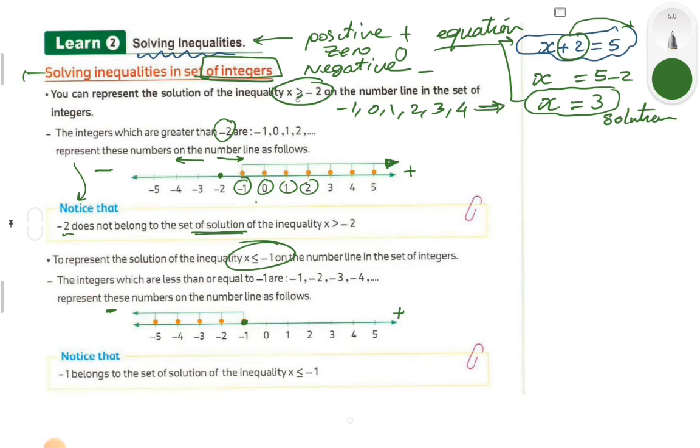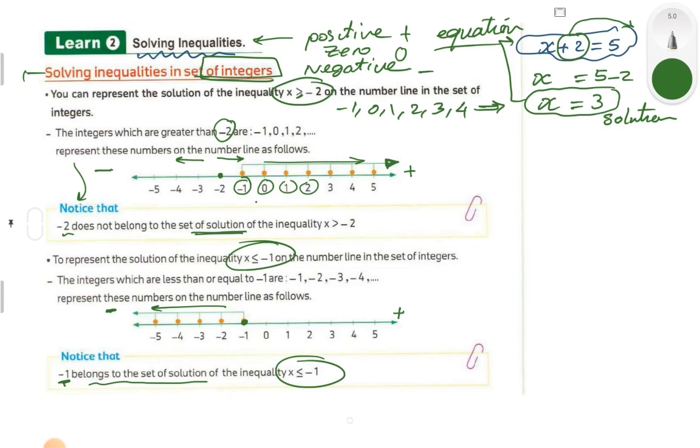Greater than, we go to the right. Less than, we go to the left. But here we start with -1 because of this equal sign. Start with -1, -2, -3, and so on. Yes, -1 belongs to the set of solutions because we have here less than or equal to.